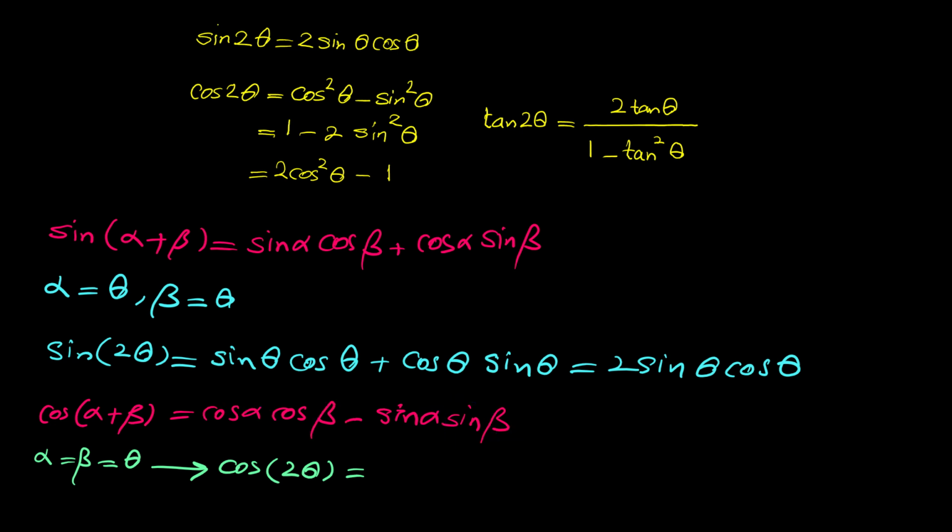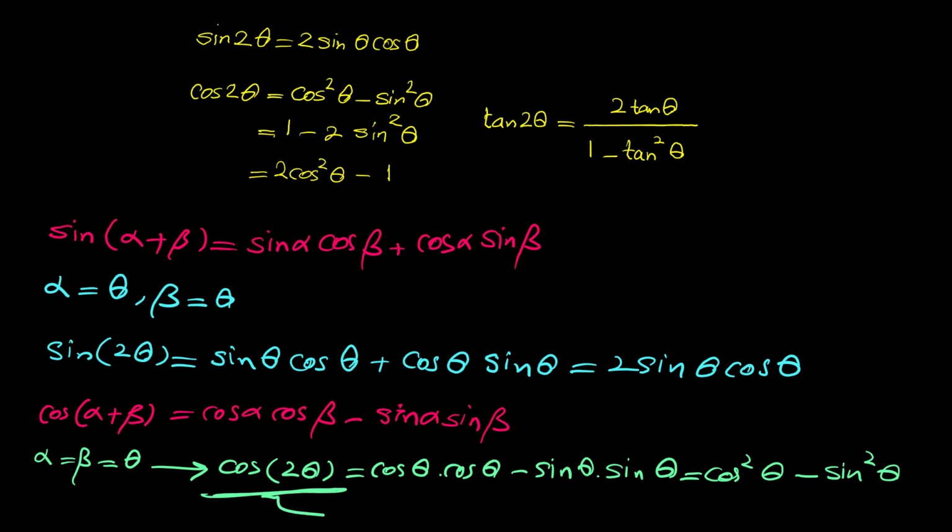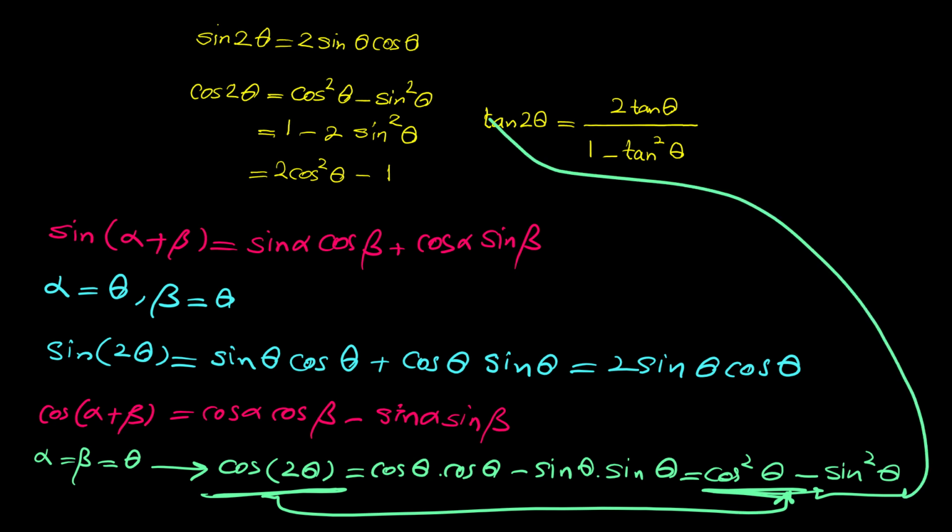If we do this, then we have cosine theta times another cosine theta minus sine theta times sine theta. Cosine times cosine is cosine squared. Sine times sine is sine squared theta. So cosine of 2 theta is cosine squared minus sine squared, which completes the proof of this part.